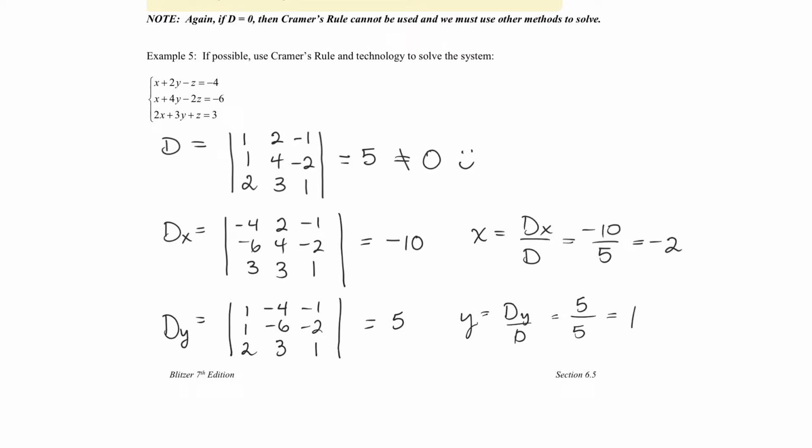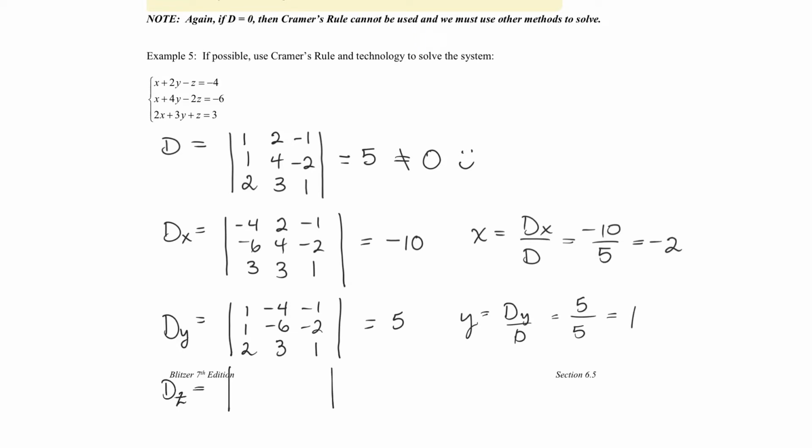It's 1. And then at this point, if you want, you could plug x and y into one of those original equations and solve for z. Or you can, if you would prefer, go ahead and evaluate D sub z.